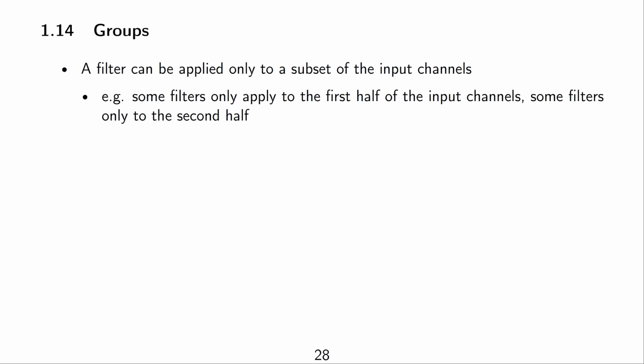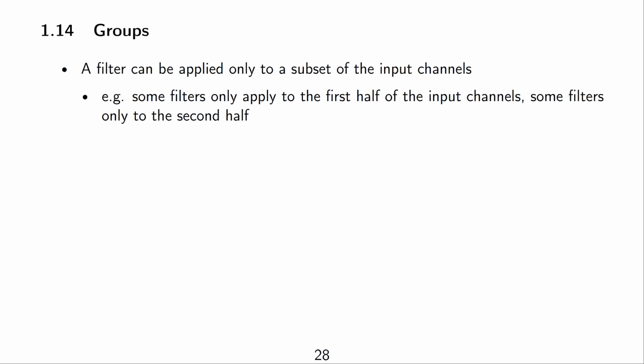There are ways to implement that, though. At least there's a whole range. A filter, for example, could be applied only to a subset of input channels. This is kind of saying that maybe not one filter for each input channel, but let's define a bit deeper filter that is applied to only a subset.